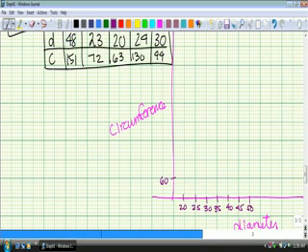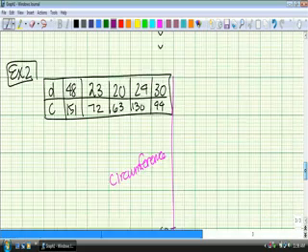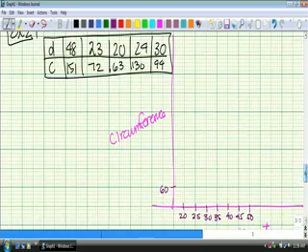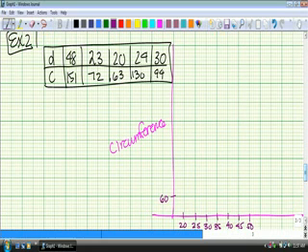If I need to go to 150, I'm going to have to count by 20, but you can count by 10 on your paper if you want to. The reason why I have to count by 20 is because I can't see all the way to the top if I count by 10s. Okay? So this will be 80, 100, 120, 140, 160.